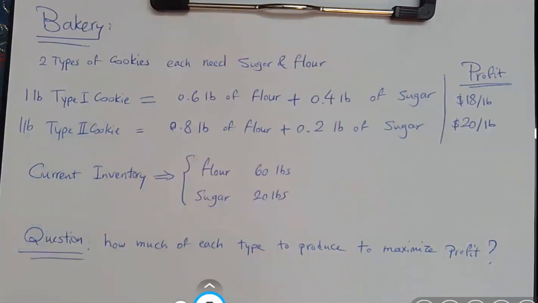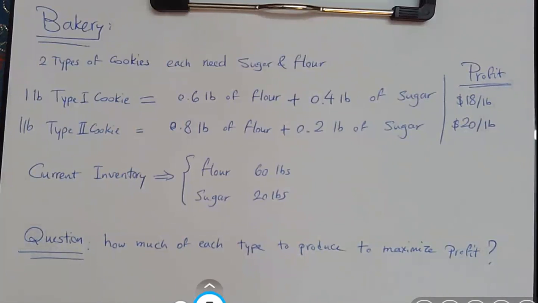The profit margin for each pound of cookie type 1 is $18, and the profit contribution for each pound of type 2 cookies is $20. So we have the profit margins, and we know how much ingredients each of these two types need.